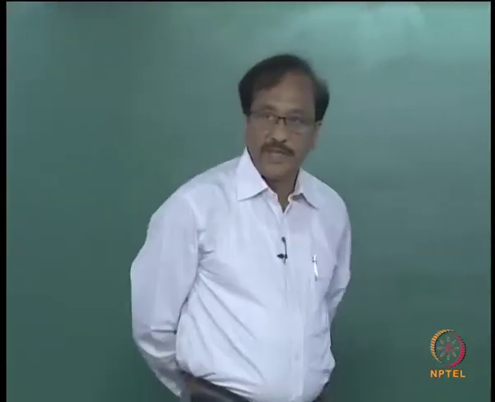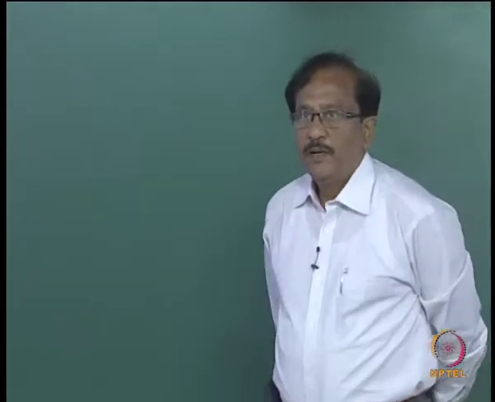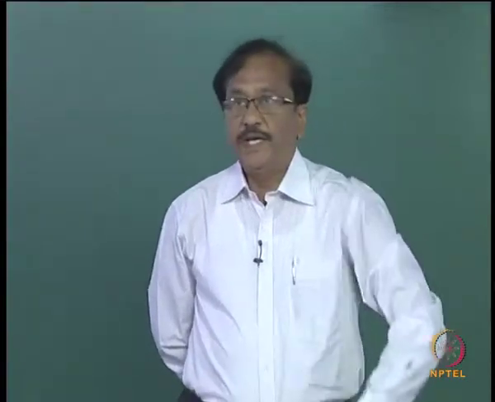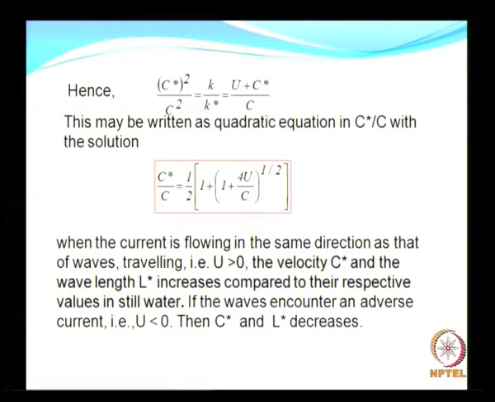Now, what is happening with this expression? When the current is flowing in the same direction as that of the waves, that is U will be greater than 0, the celerity C star, and when I say C star, naturally the wavelength increases compared to the respective values in the still water, that is without the current.